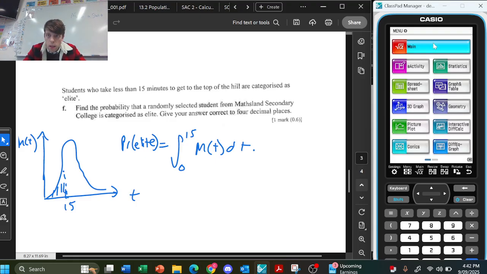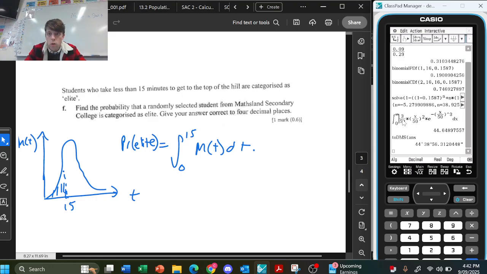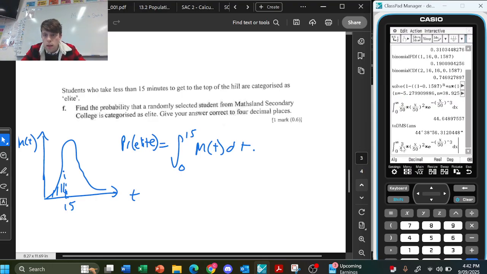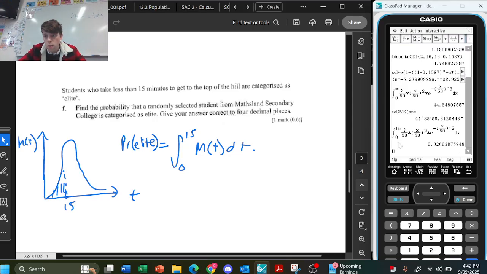Going back over here, we can do that. So we're doing this integral from 0 to 15 of dx, and it comes out as this value here. So that is equal to 0.0266 to 4 decimal places.